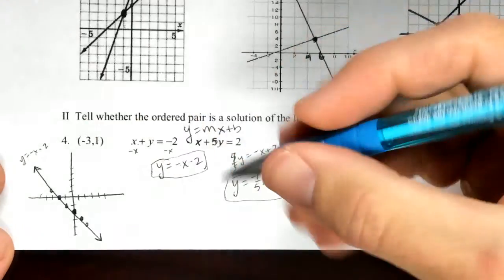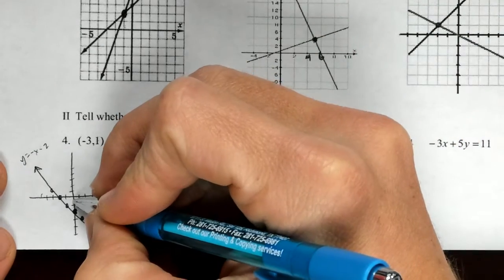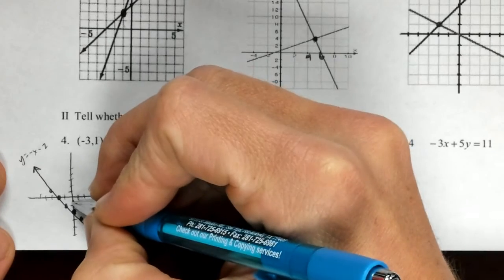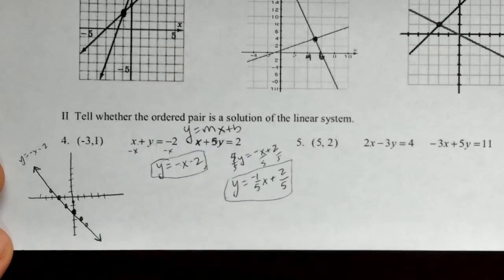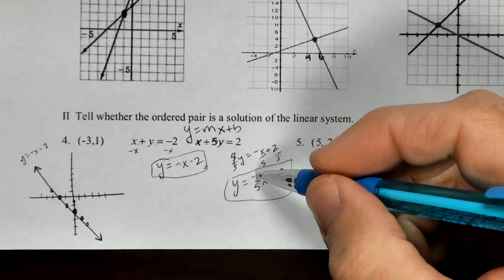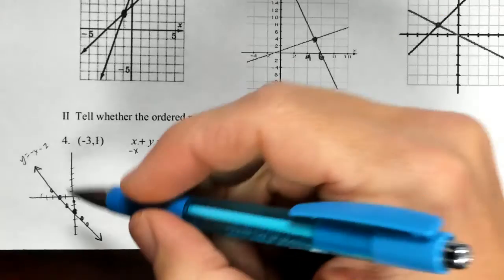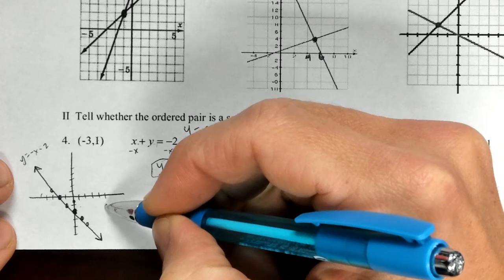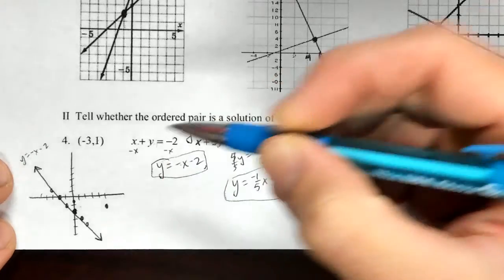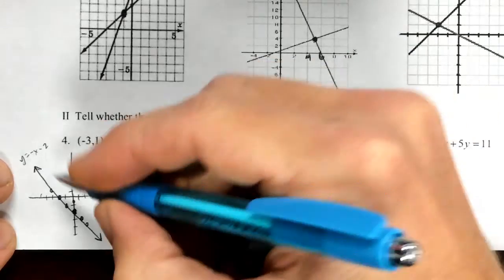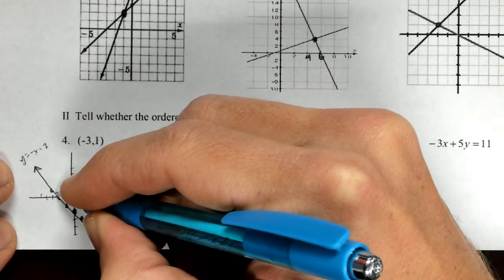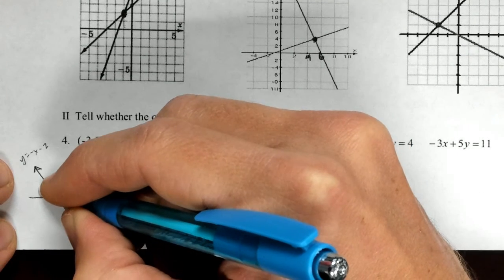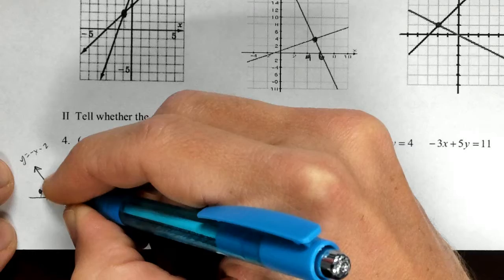Okay, so 0, we'll say about 0.5 right there. And then I'm going to go down 1 over 5, so down 1 over 1, 2, 3, 4, 5, plot that point. I'm going to go up 1 over 5, the opposite way, and plot that point.